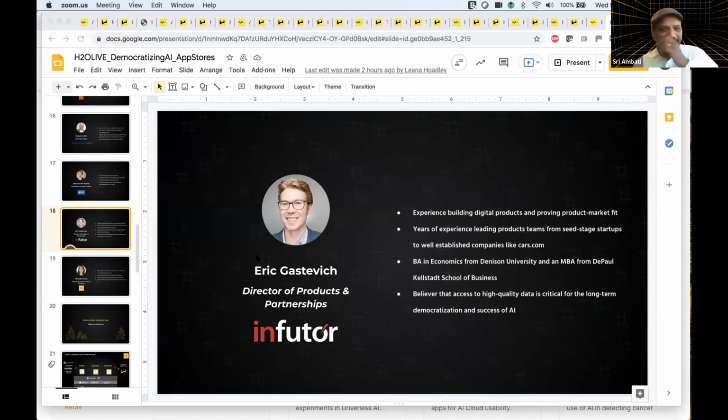Our next speaker is Eric Gastevich, and Eric is representing Infutor, which is a customer partner as well. Joining him on stage will be Michelle Tanko, one of our phenomenal data scientists and product owner of the AI App Store.